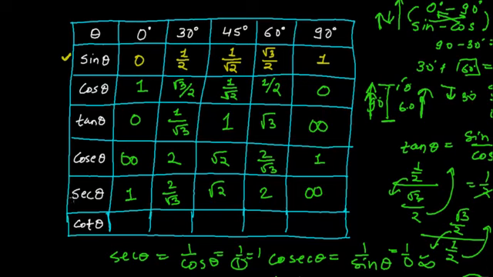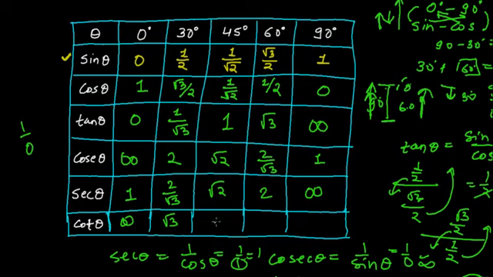So now see here, cot theta. tan 0 equals 0, so 1 upon 0, again this will be undefined, right? So 1 upon 0 will be infinity, right? And again for 30 it will be 1 upon 1 upon root 3, so root 3 will go upside and 1 will come downstairs, so root 3.